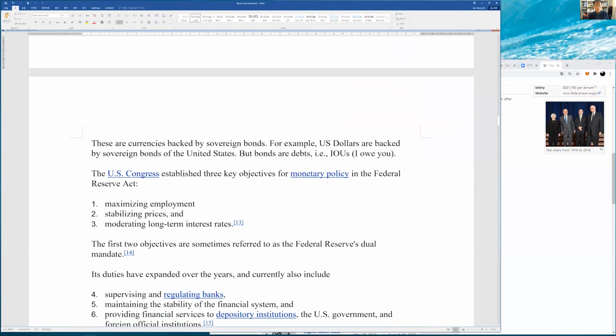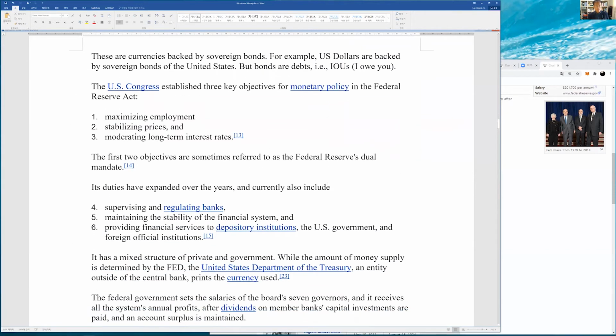And the U.S. government basically makes use of this trust given to them and utilizes this reserve currency power for their maximum economic benefit.